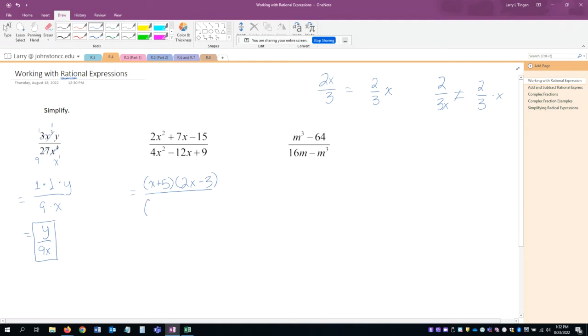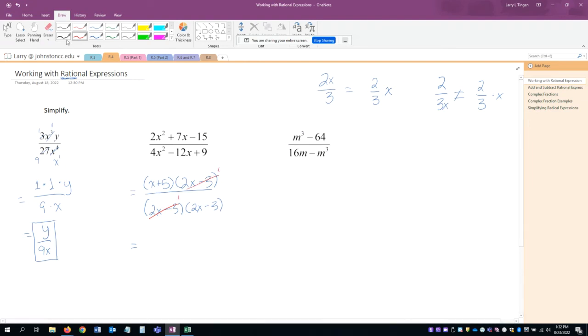And then the denominator is, well, it turns out this is a perfect square, right? 4x squared minus 12x plus 9 factors into 2x minus 3 times 2x minus 3. And then again, I know I'm going fast. I know I'm scooting past the work here, but that's just because I'm behind in the lecture.